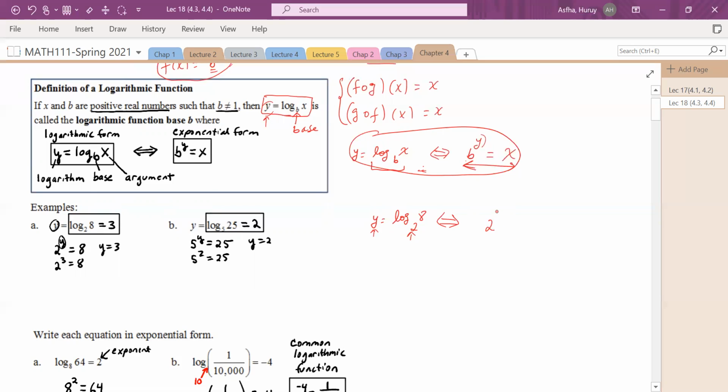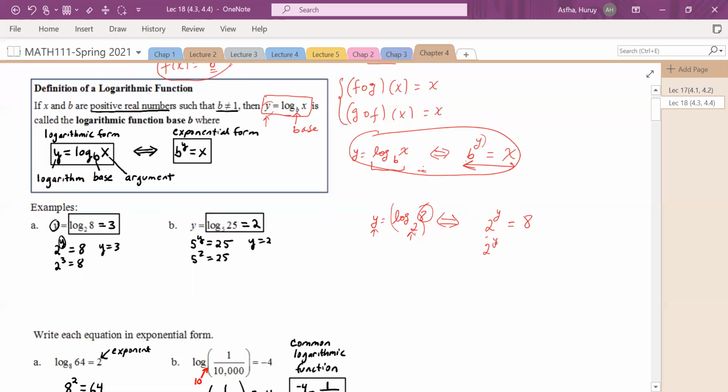So 2 to the power of y. You see, this is the exponent, and the 2, which is the base in the logarithmic form, will be the base in the exponential form. So we will have 2 to the power of y equals whatever we have here, which is 8.